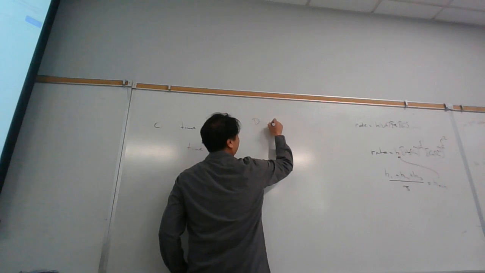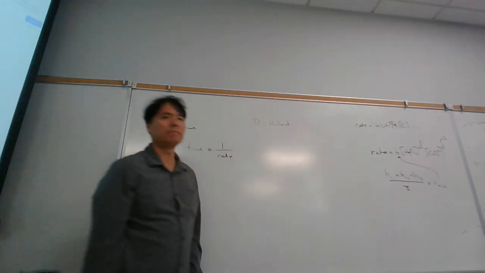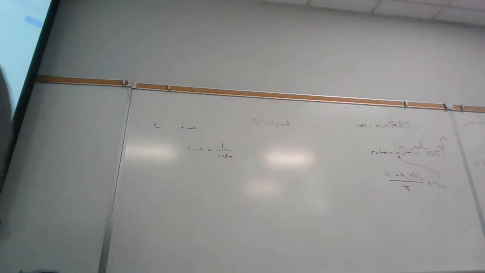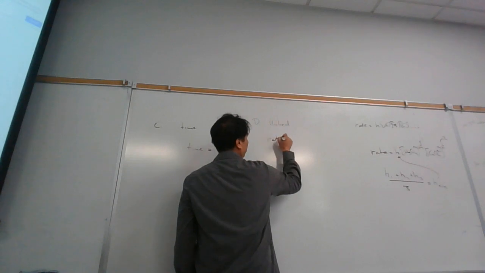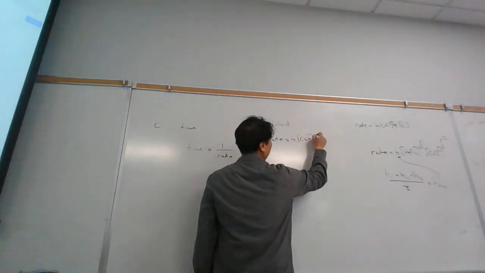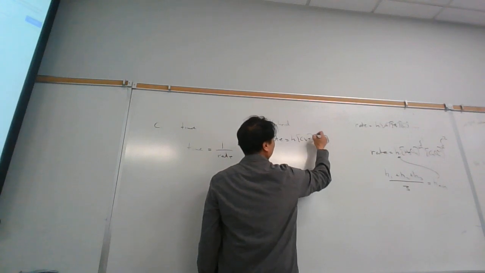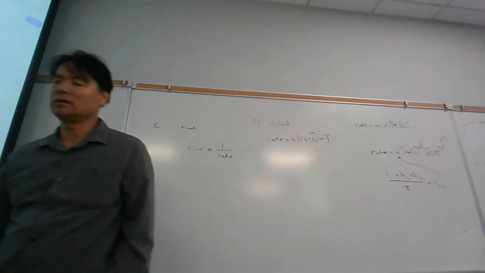The other one is going to be a hybrid method for determining the rate law. What we want to do in our experiment is determine the rate law here with crystal violet and hydroxide, because we know the concentration of hydroxide will have an impact on this.